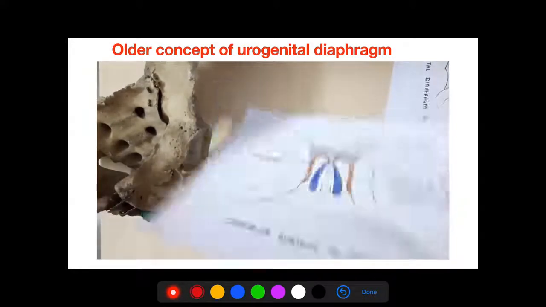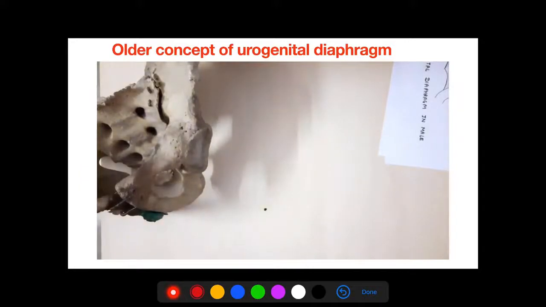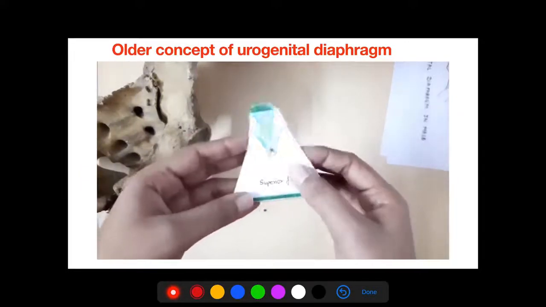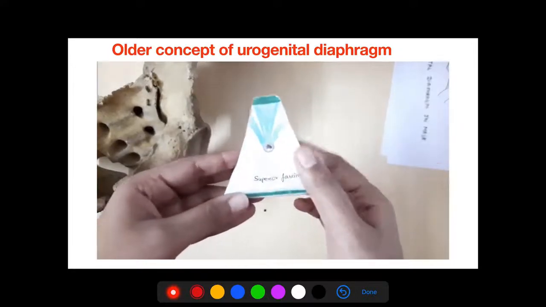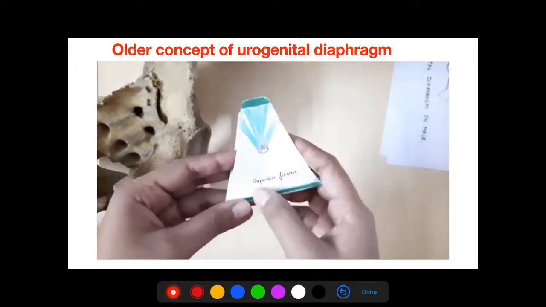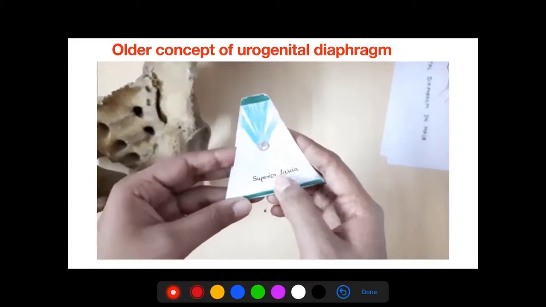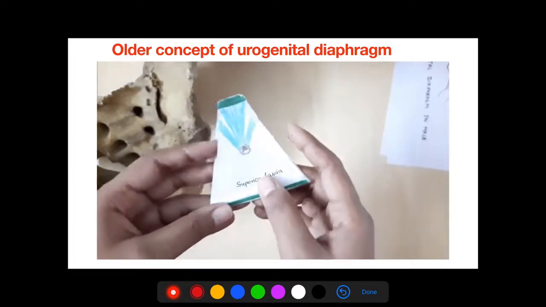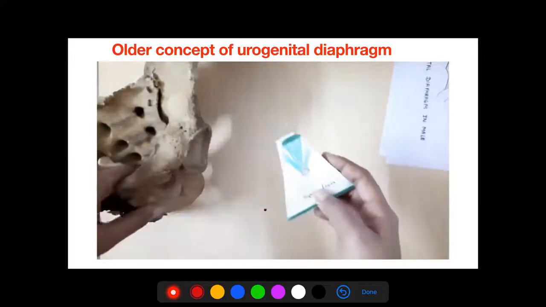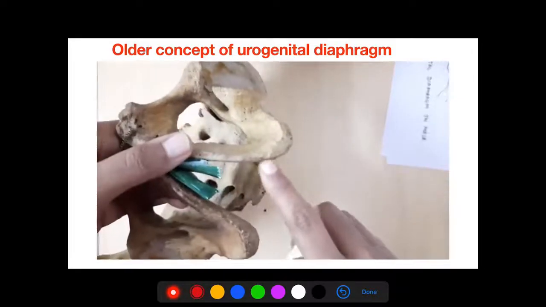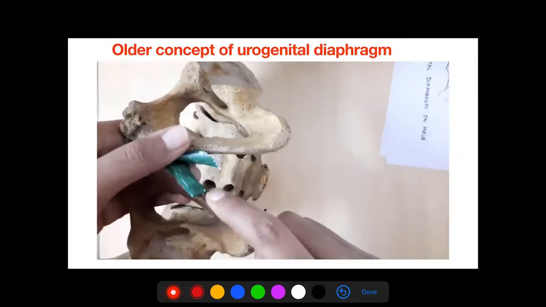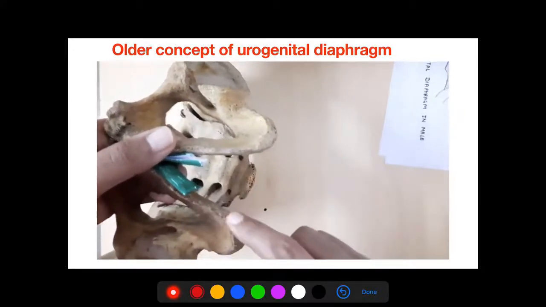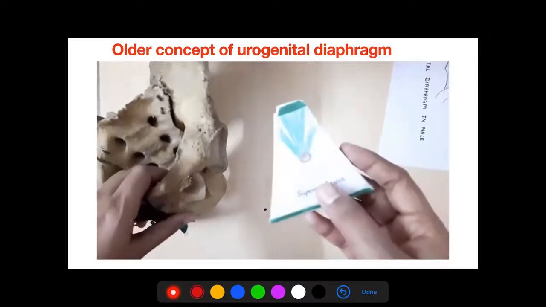Now come to the superior fascia. This superior fascia is also flat and triangular like the inferior fascia. This superior fascia is also known as deep fascia, and it starts from the ischiopubic rami of one side and ends on the ischiopubic rami of the other side.